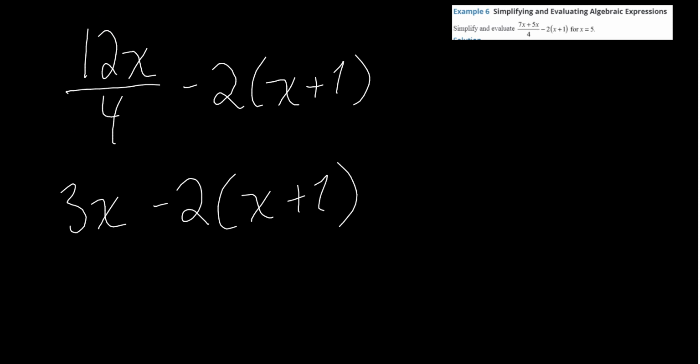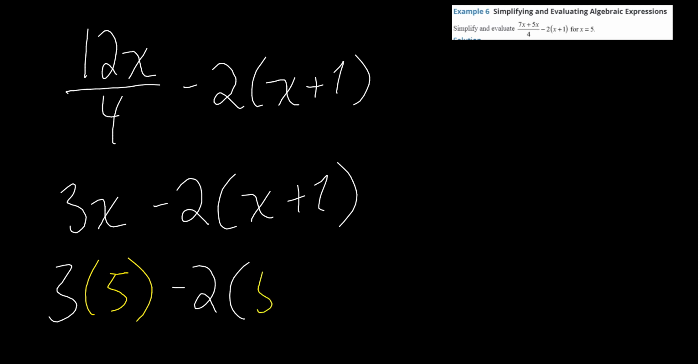Okay, and we want to evaluate for x equals 5, so we're going to say 3, and then we're going to put a 5 in for x, minus 2, and then a 5 in for x, plus 1. Okay, so again, we're using PEMDAS, right? Parentheses first. Well, 5 plus 1 is a 6.